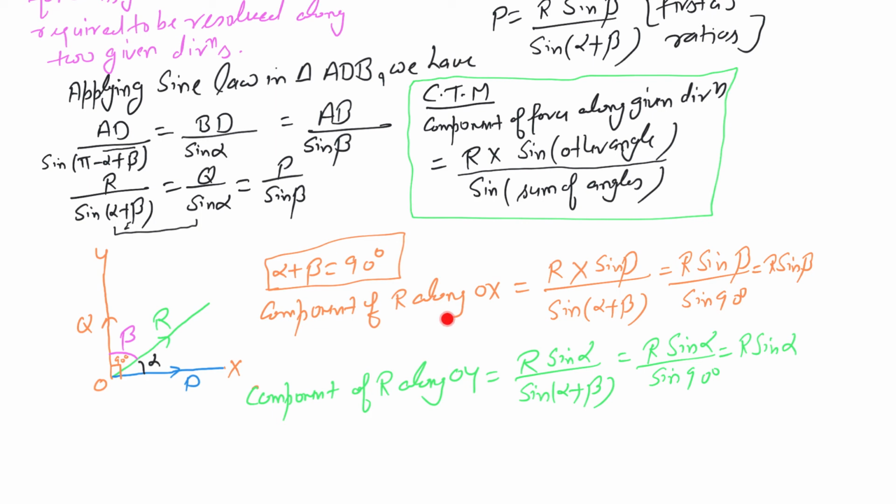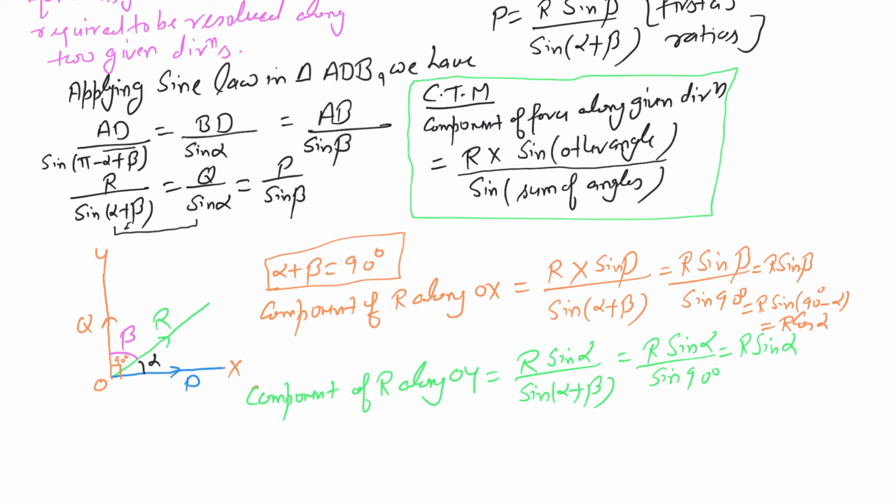So let us make this also in terms of alpha. We know that alpha plus beta is 90 degrees, so beta will be 90 minus alpha. So from here we could write this is equal to R sine of 90 minus alpha, which is further equal to R cos alpha.